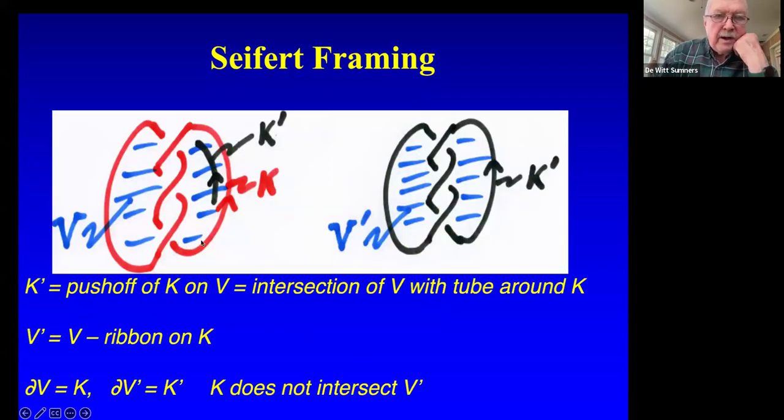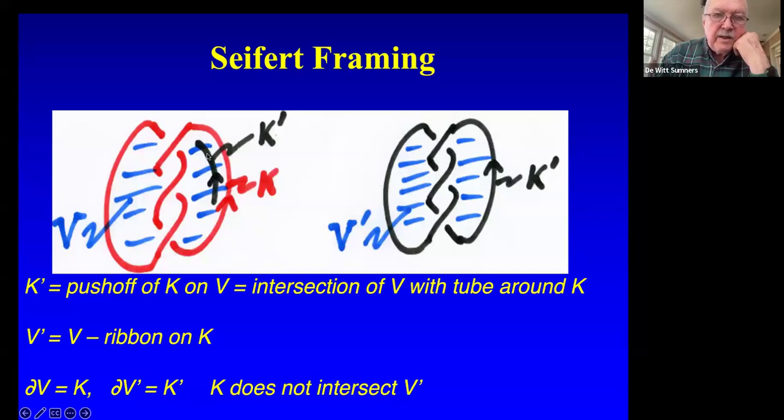So here I have a picture of the center line K. It's a trefoil knot. The Seifert surface is in blue here. And the intersection of the tube neighborhood of K with V is K prime.